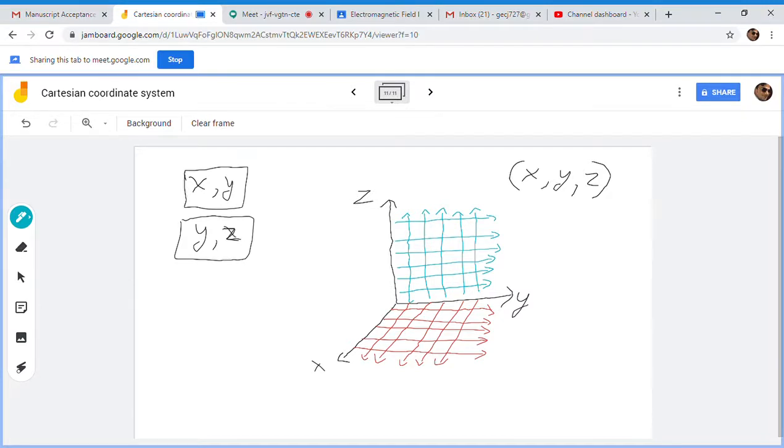Then do Z and X. You have to move in the X direction, and you can move in the Z direction.